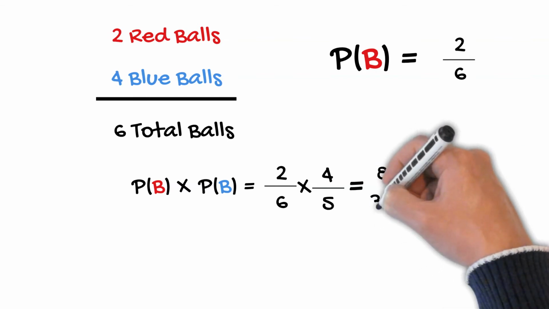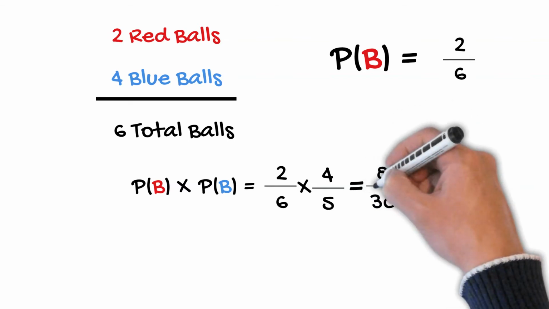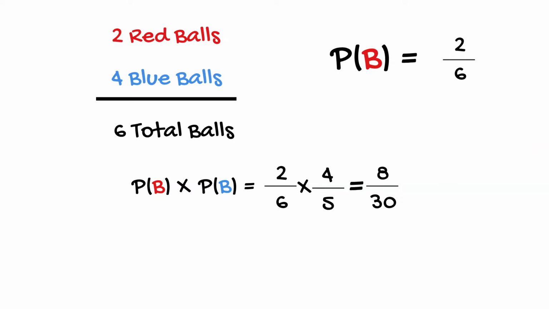And 4 of the 5 balls are blue. So it is 4 out of 5 is the chance of getting that. And when we combine those together, 2 4s, 8. It's 8 out of 30.